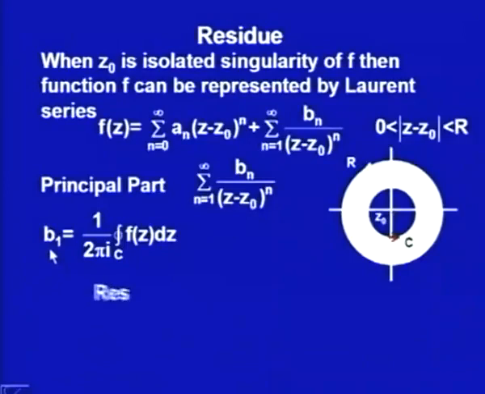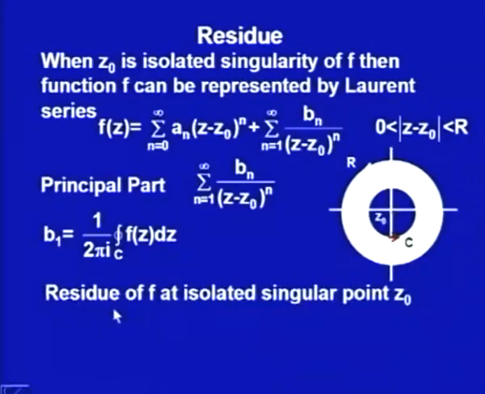We had called this b1 the residue of f at the isolated singular point z naught. So now we are defining residue. The residue of any function f at an isolated singular point z naught is given by 1 upon 2 pi i times the integral along this curve C of f(z) dz.